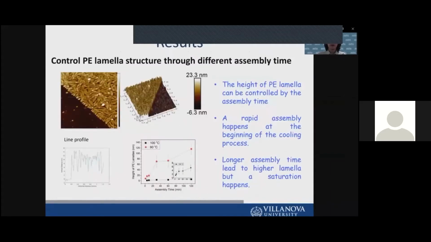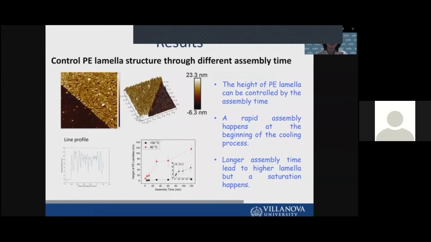We also found that different growth times would affect the height of the polymer structures. As you can see here in the bottom right image, the height of the PE lamella was highly affected by the time and temperature of the growth procedure.